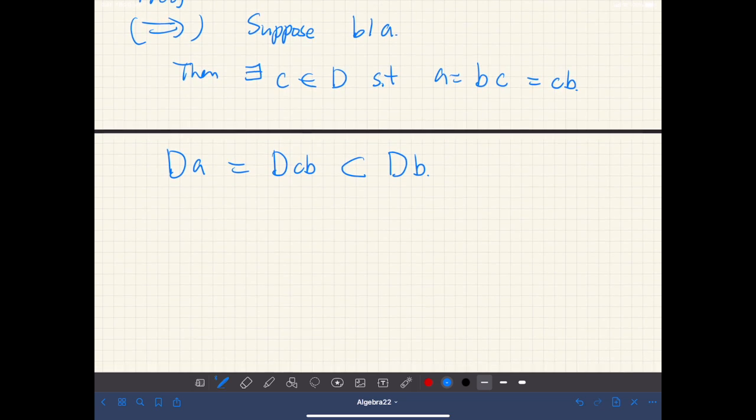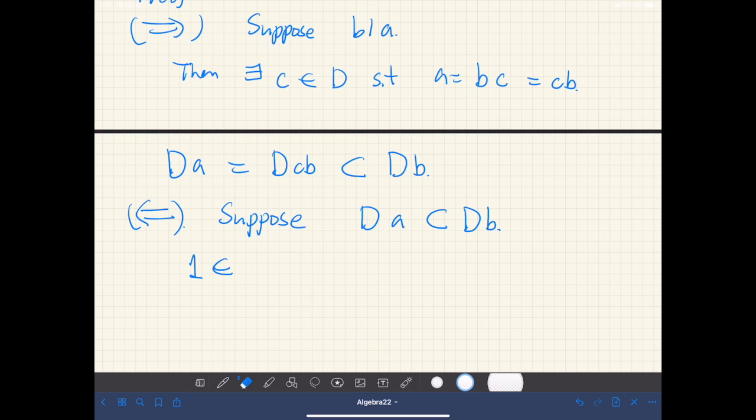And conversely, the if part. Suppose we have dA is a subset of dB. In particular, since D is an integral domain, we have the identity element in D. So A is 1 times A, which is an element of dA.